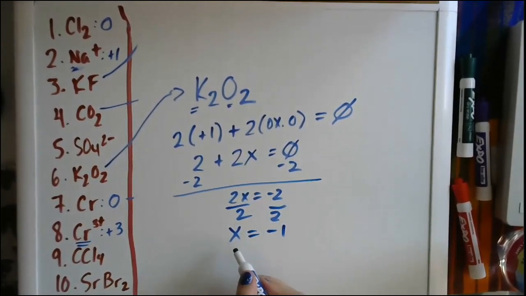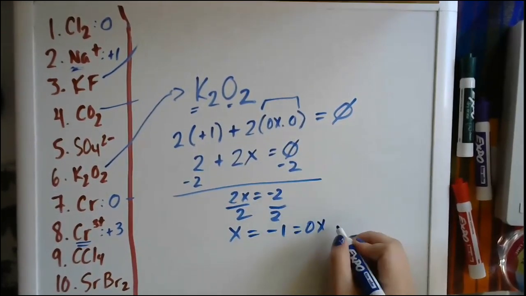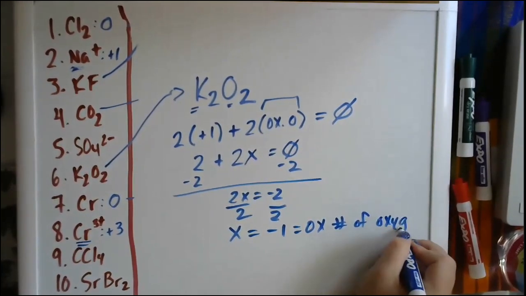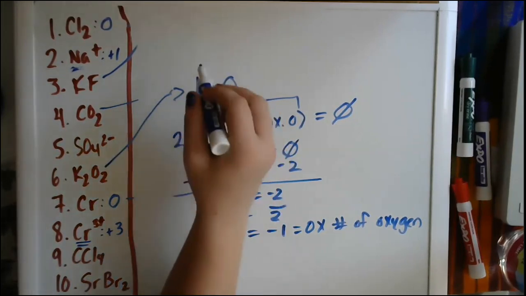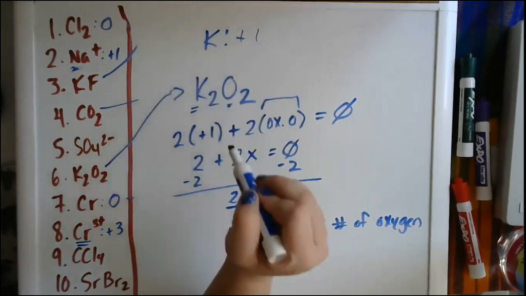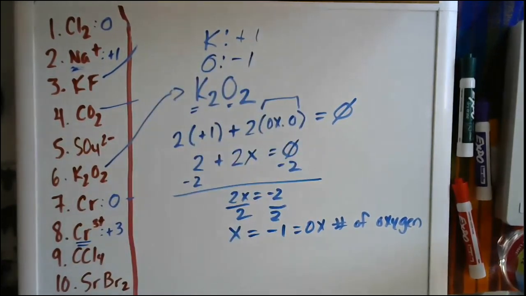And in this case, x was the oxidation state for oxygen. So here we see oxygen in one of its more rare forms, where it has the oxidation state of -1 instead of -2. So in K2O2, each potassium has an oxidation state of +1, and each oxygen has an oxidation state of -1.